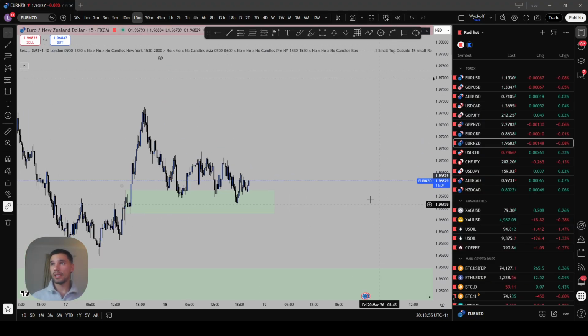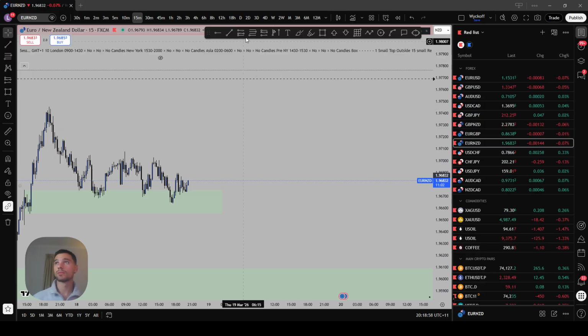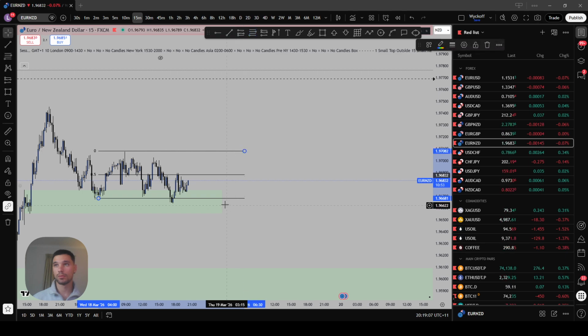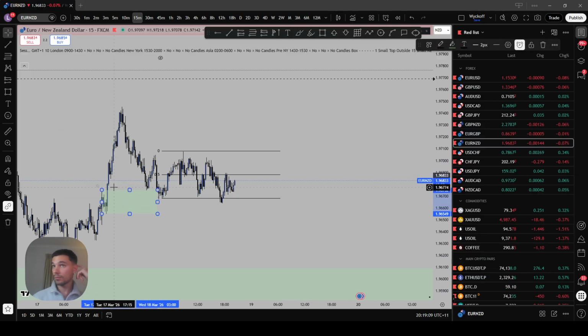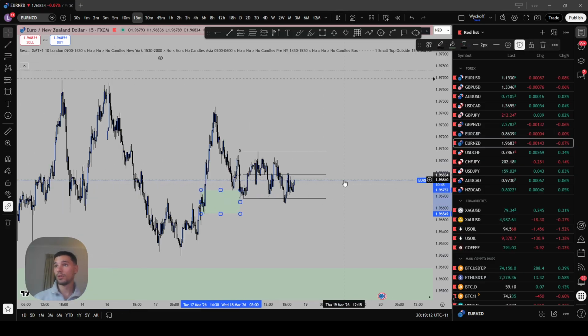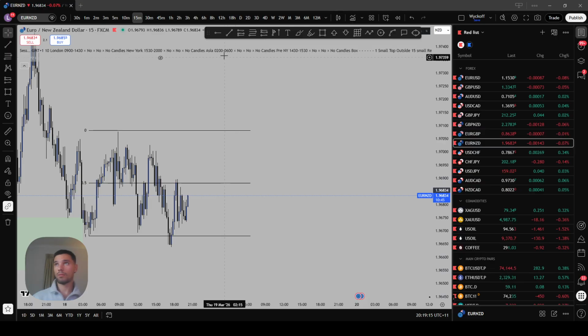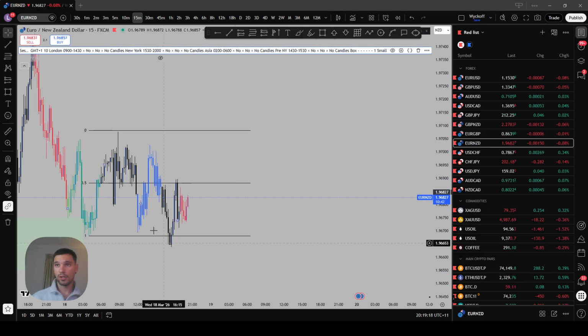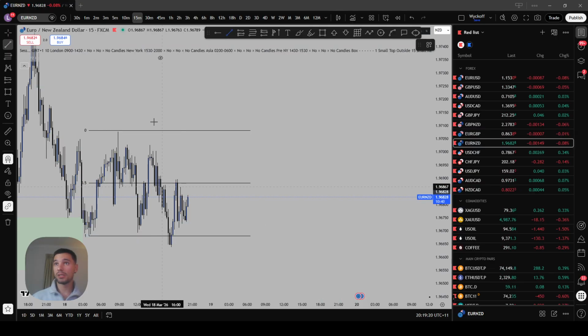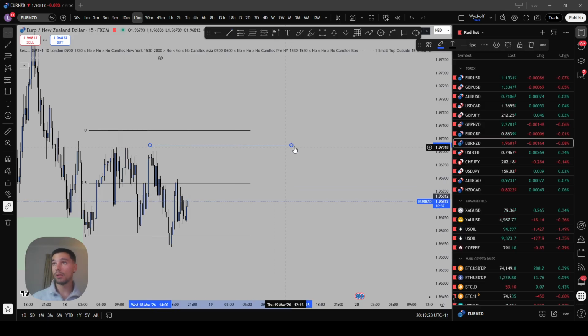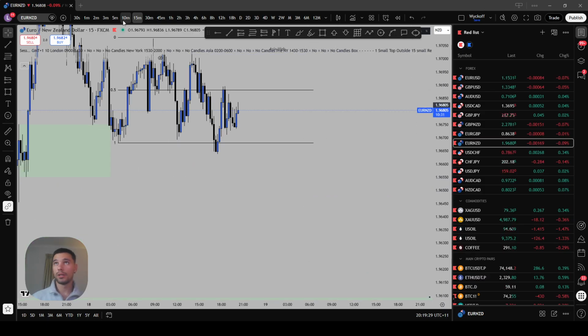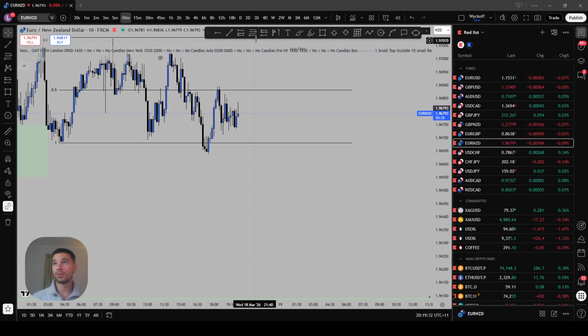This was something I liked. Asia low has been taken. Asia high in a very, very nice spot. We might be able to scalp something in here. And in terms of extreme liquidity, this is our extreme liquidity target.